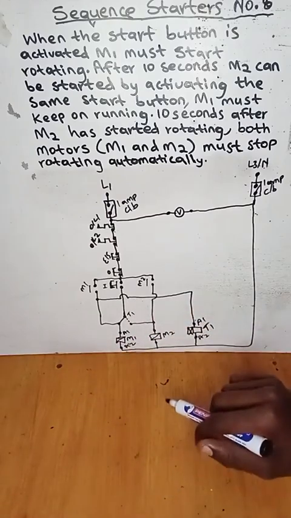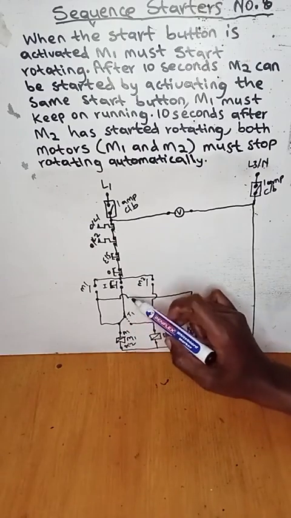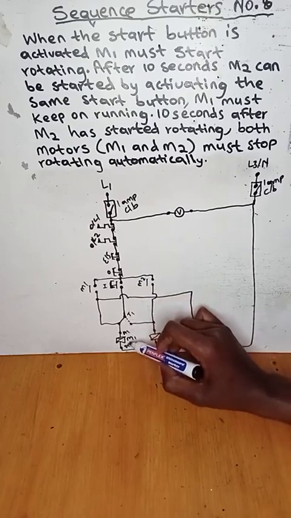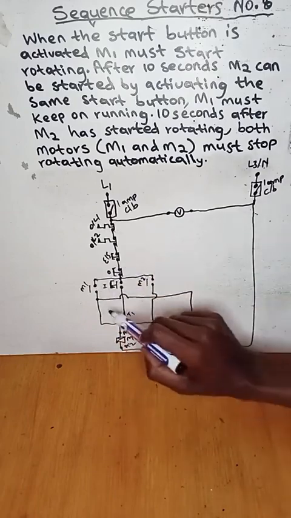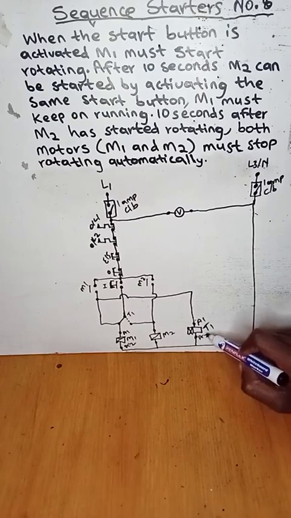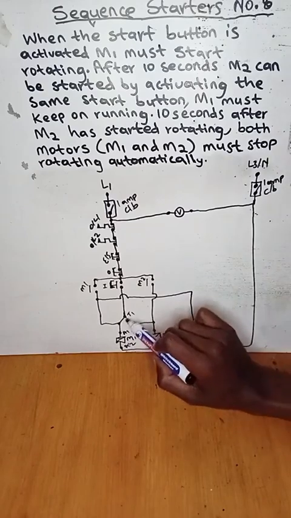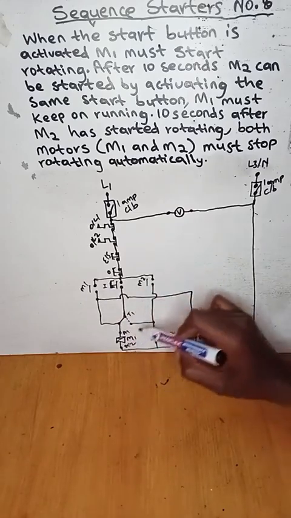So we will press here to create a close contact. Current will flow and energize the coil of motor 1. The retainer will be closed, and also it will energize the coil of the delay on timer. After 10 seconds, here it will be open, here it will be closed, but this one will still be energized through the retainer.